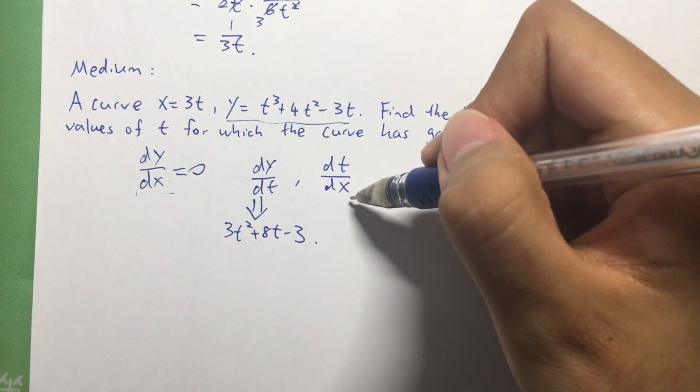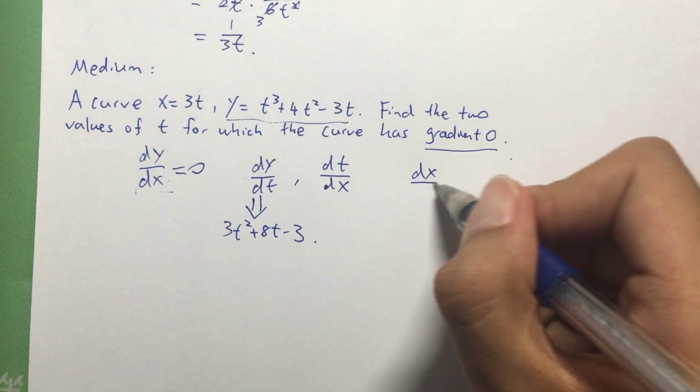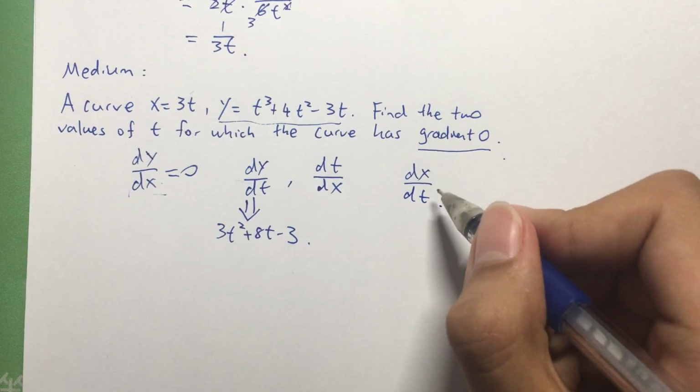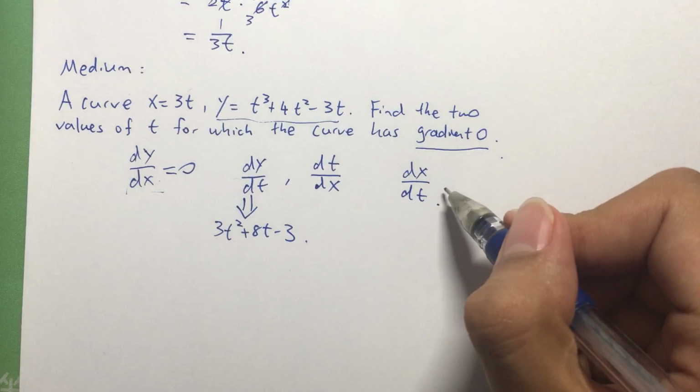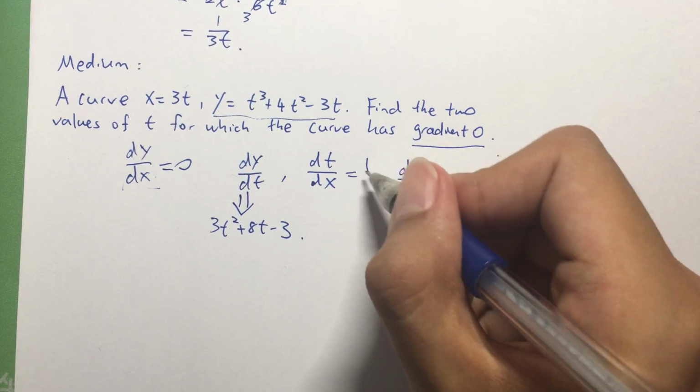For dt over dx, we can't solve it straight away, so we need to find dx over dt, which is equal to 3. So dt over dx is equal to 1 over 3.